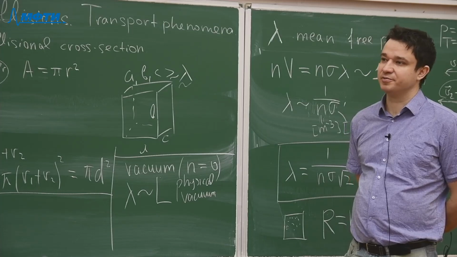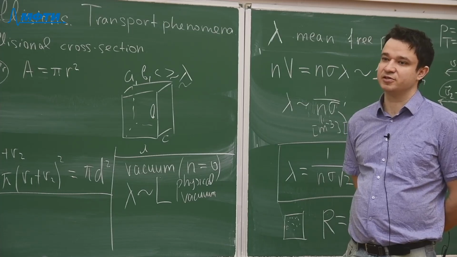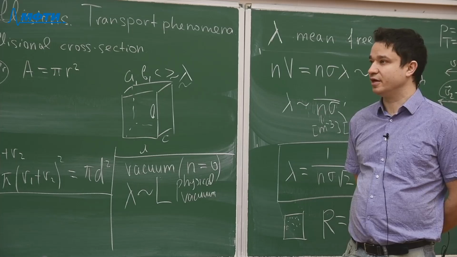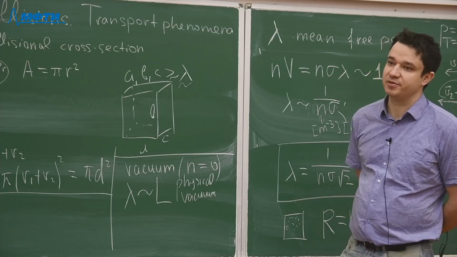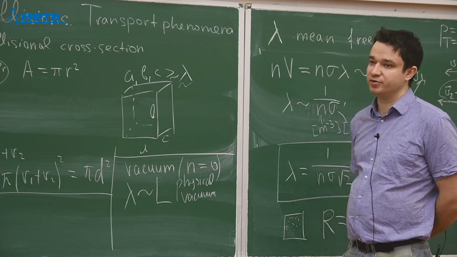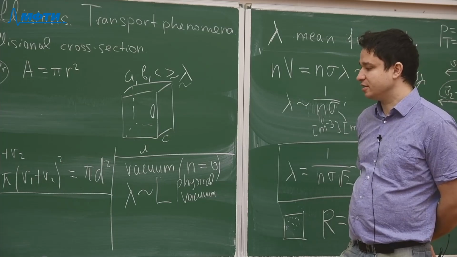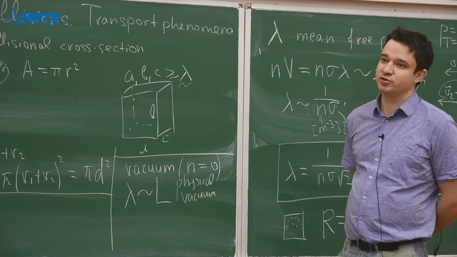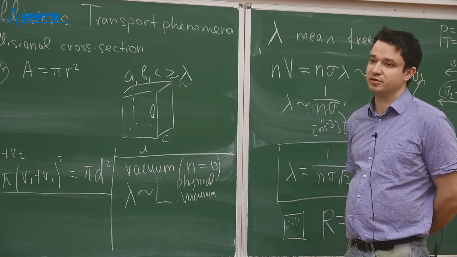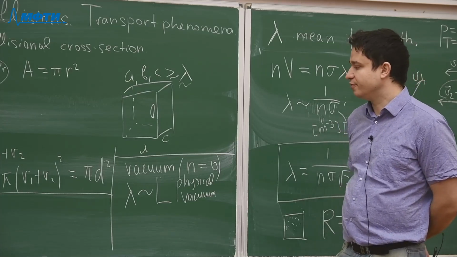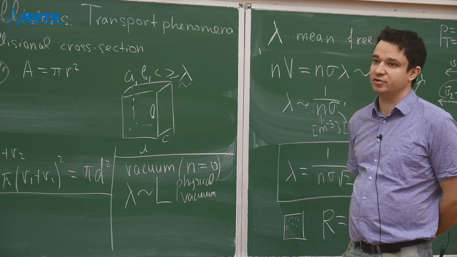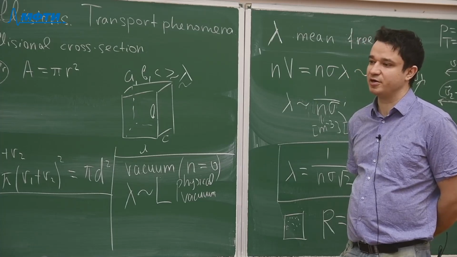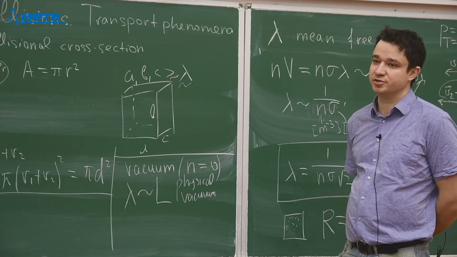And as lambda reaches the distance scale, for example, of this room, there would be no collisions happening in the volume of the room, and that means it would be very difficult for a Maxwell distribution to be established. So the only source of thermalization would be collisions with walls only.